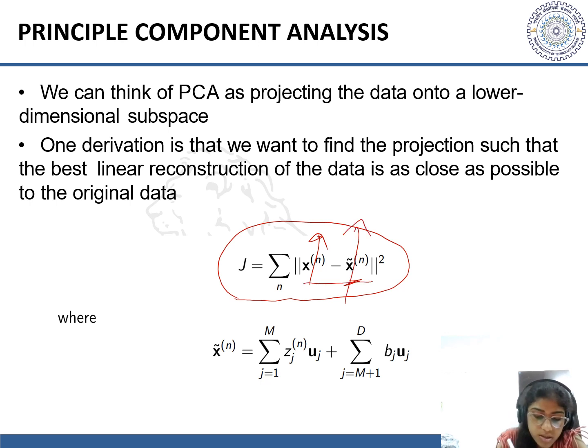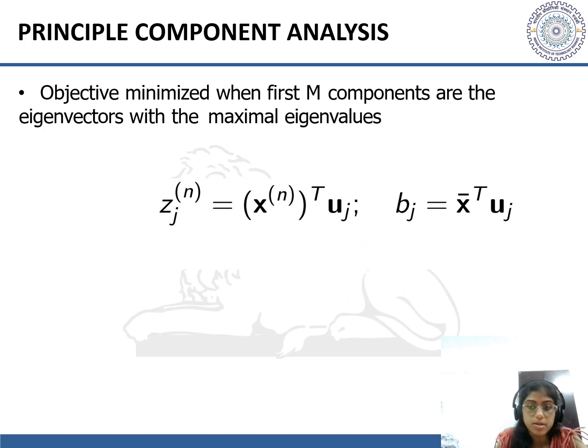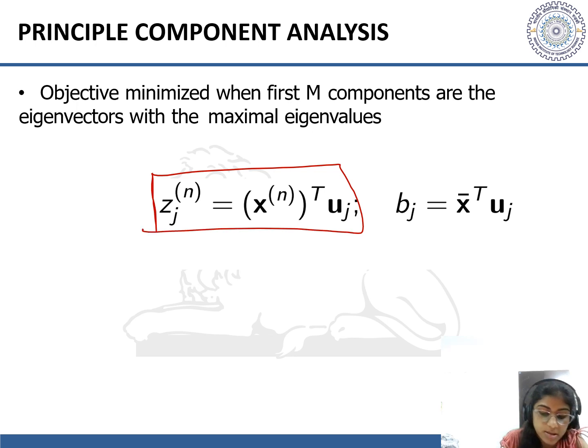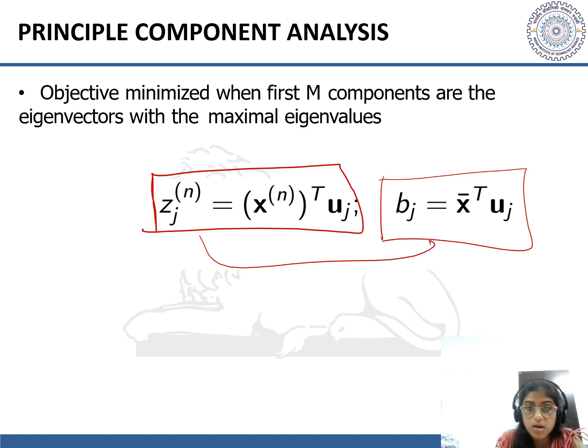So the difference between them should be as small as possible. The difference between them is smallest when the first m components of the eigenvectors are the maximum eigenvectors possible. In that case, I get the projected vector as this and this. This is the same thing actually.